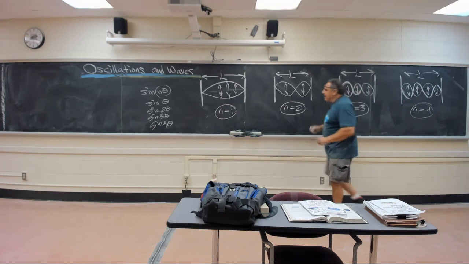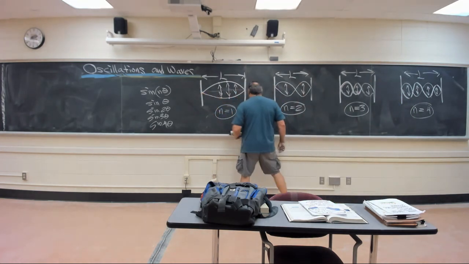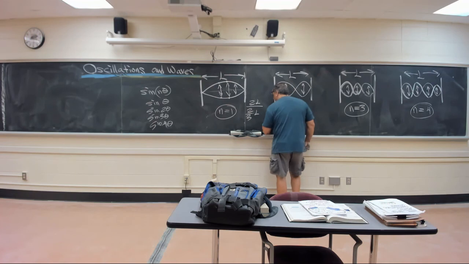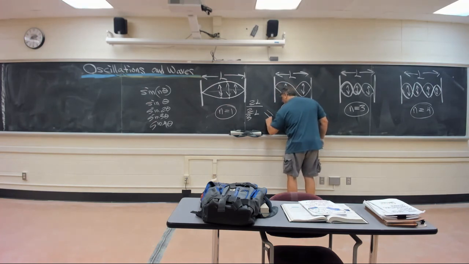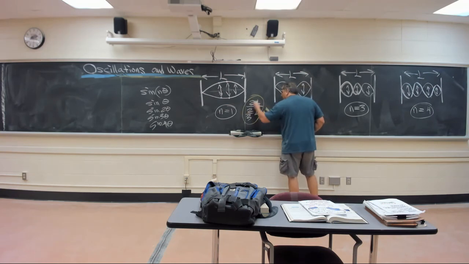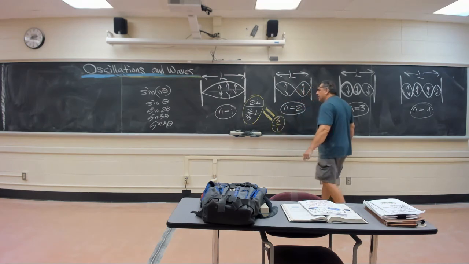Here the wavelength is L and L, it's 2L. How does 2L compare to 2/3 L? Put the equals right here. I'm running out of room. The L's cancel. The ratio is 3 to 1.